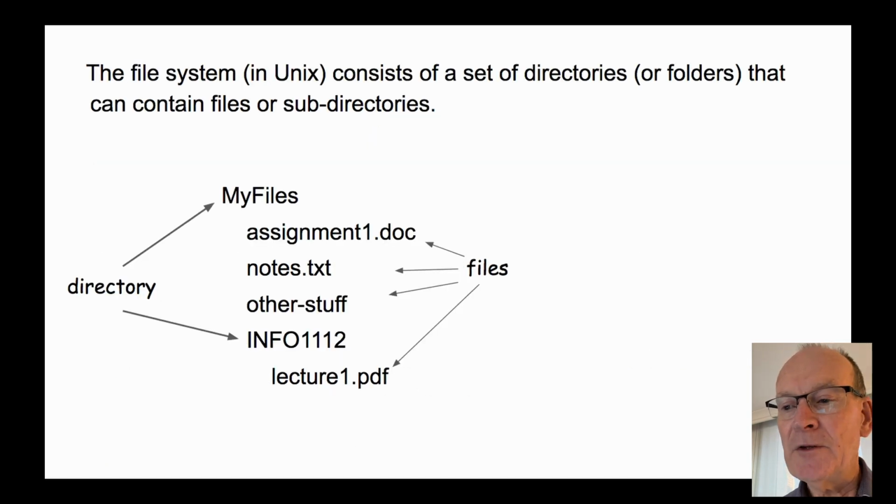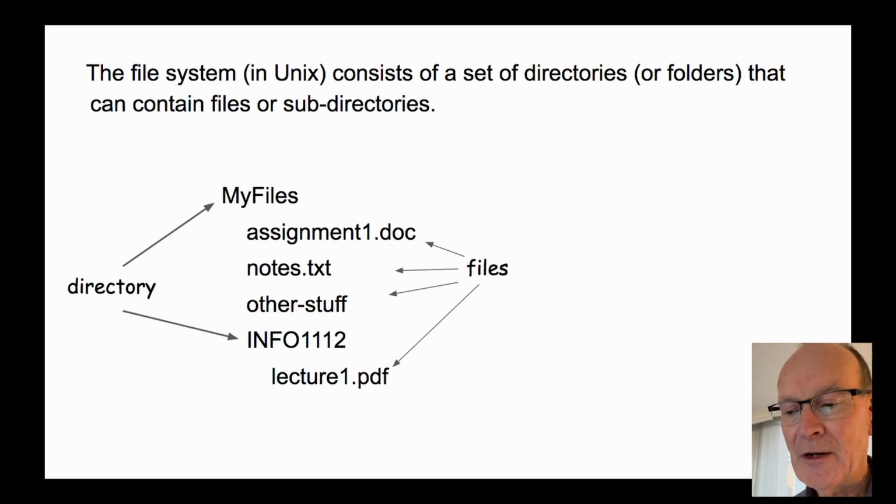The file system in Unix consists of a set of directories, or sometimes called folders, that can contain files or subdirectories. So if you look at this picture, at the top level we've got a directory myfiles, and inside that you might have assignment1.doc, notes.txt, other files, and then another directory, say for info1112.